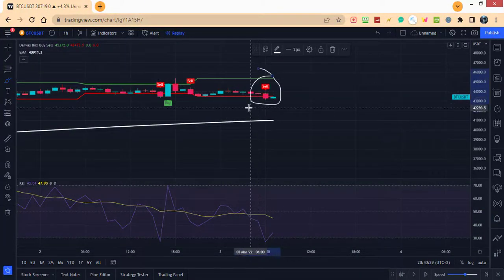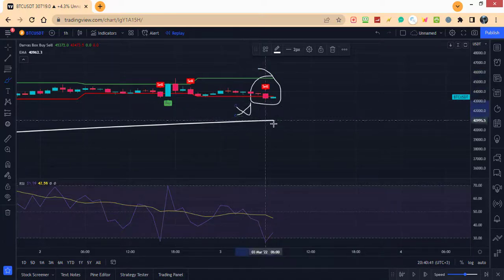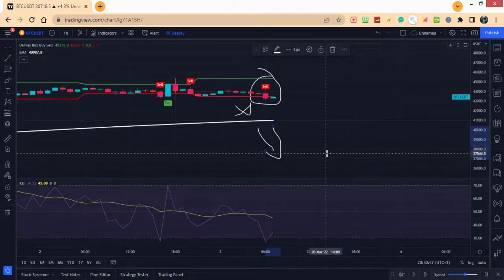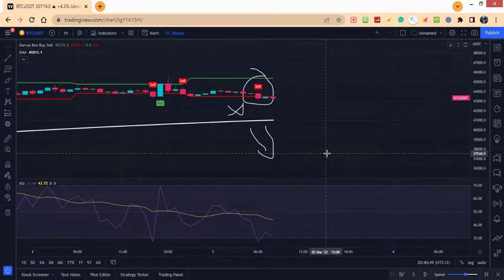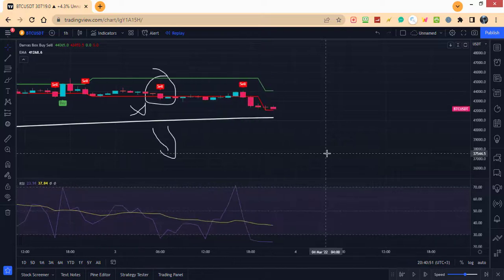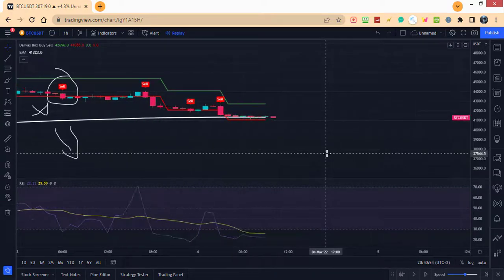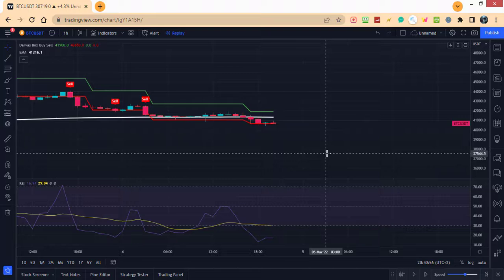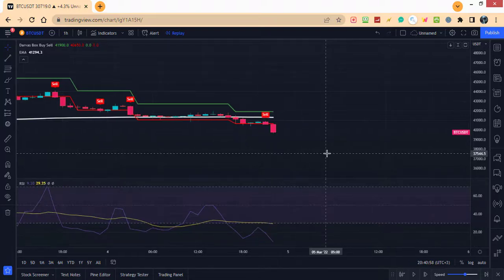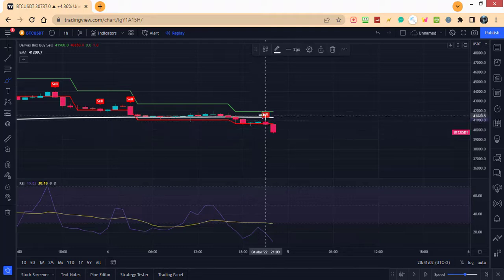Now for selling conditions, first of all, the candles should be below the 200 moving average, and you can see here the candles are not below the 200 moving average. We will not take this short signal. So here you can see this one short position is below the 200 moving average.